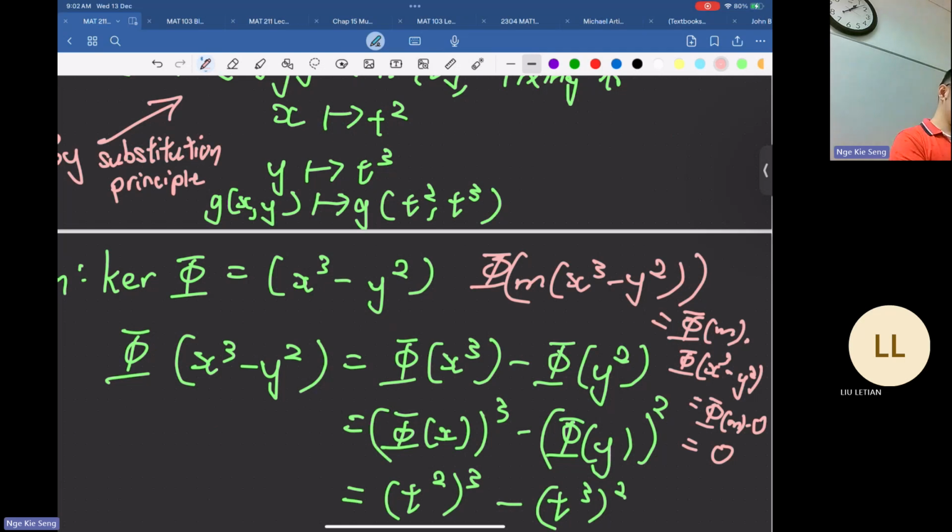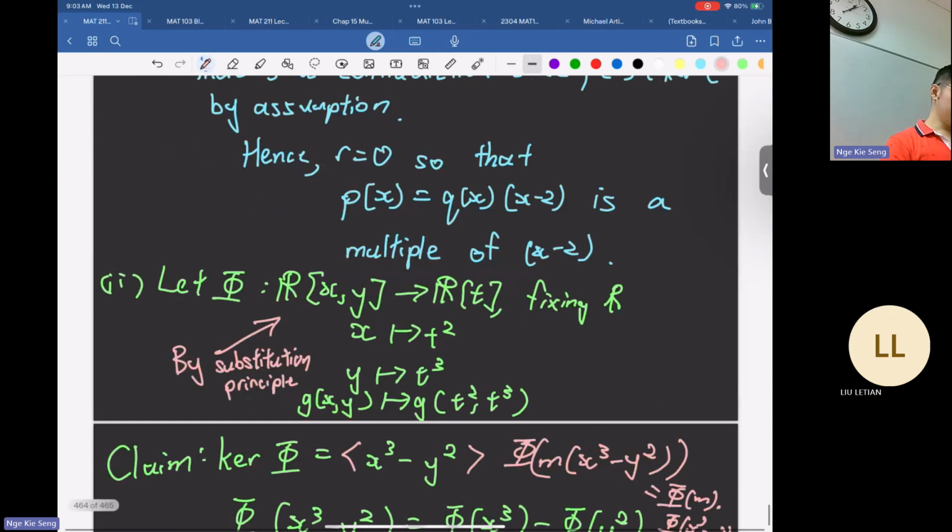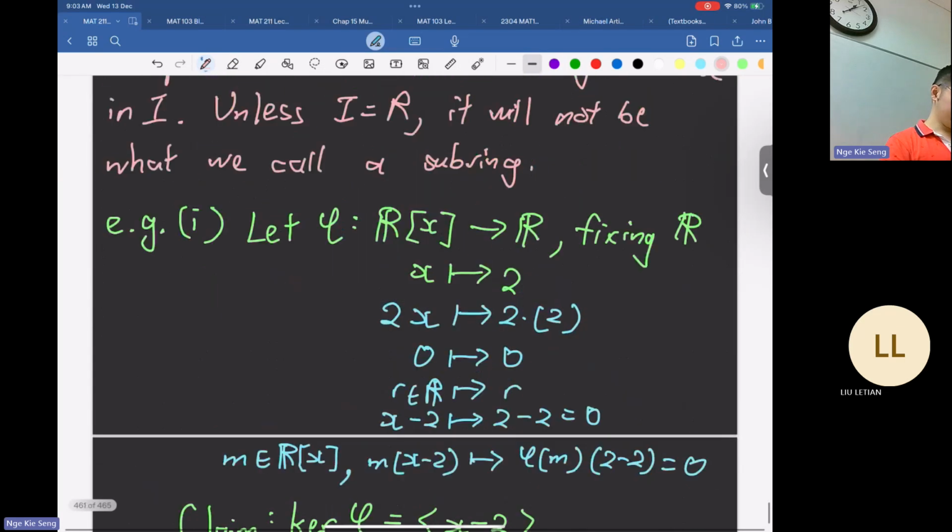This is the principal idea. Sometimes I put round brackets, sometimes I put square brackets. It's the same thing. This is the definition here.